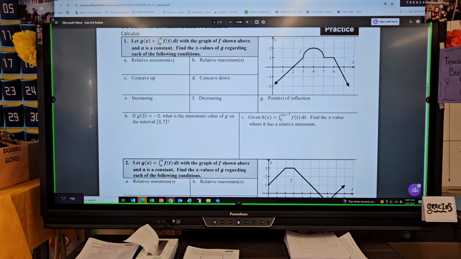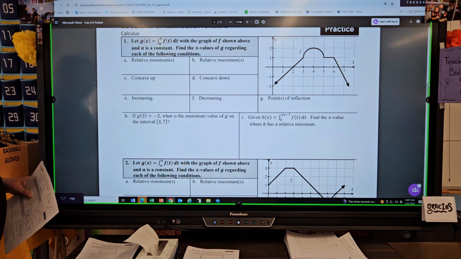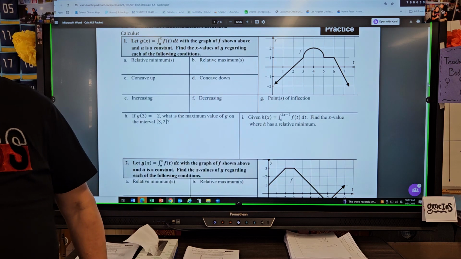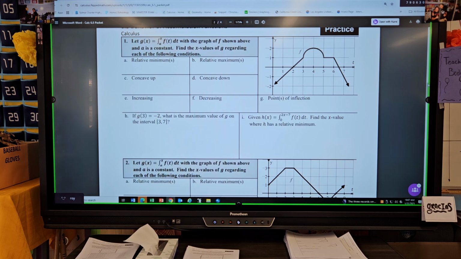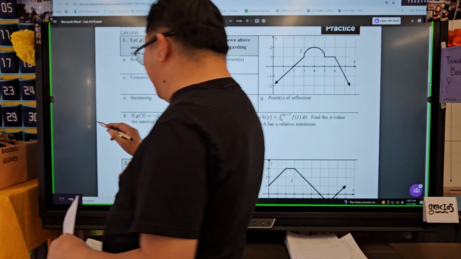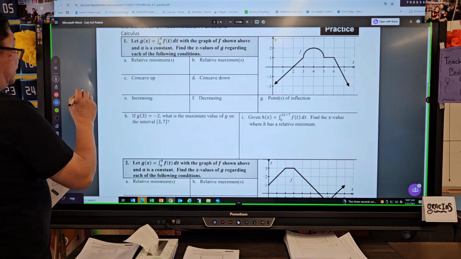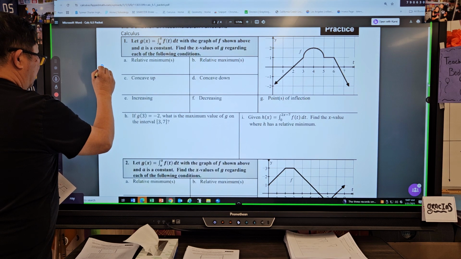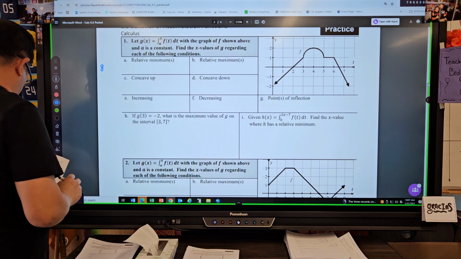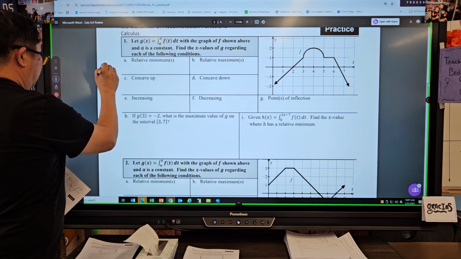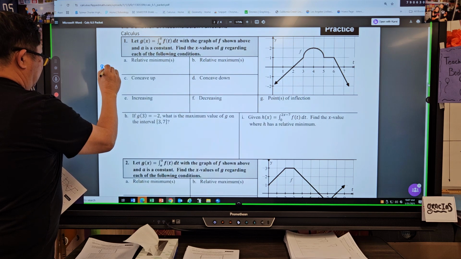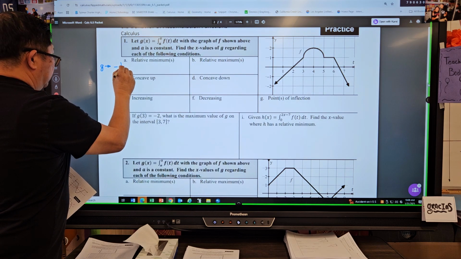Question A, relative minimum. So what is relative minimum? Refer to your table. Change the sign from negative to positive. As your guide, I need you to write down g prime of x.